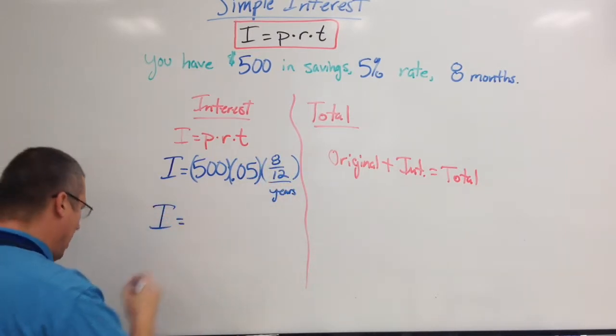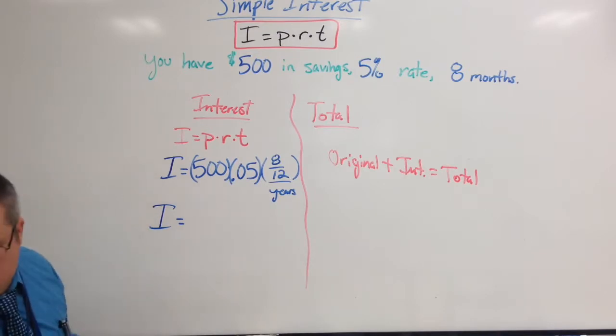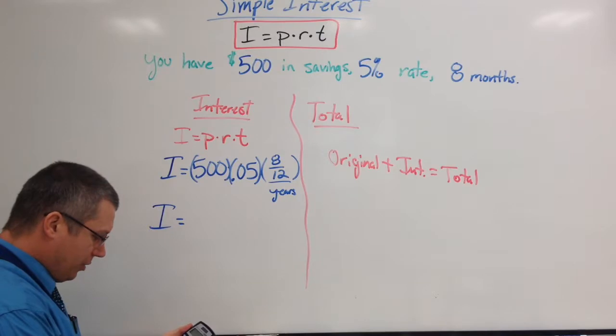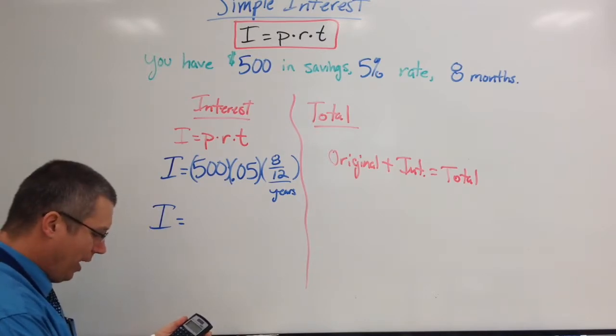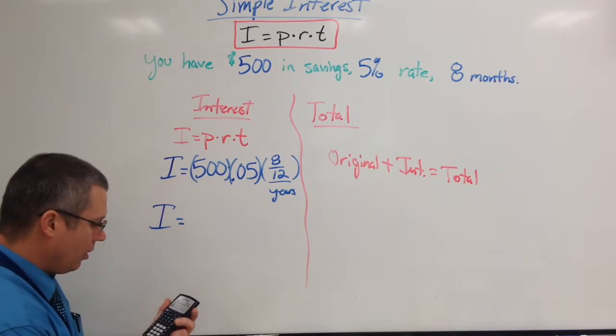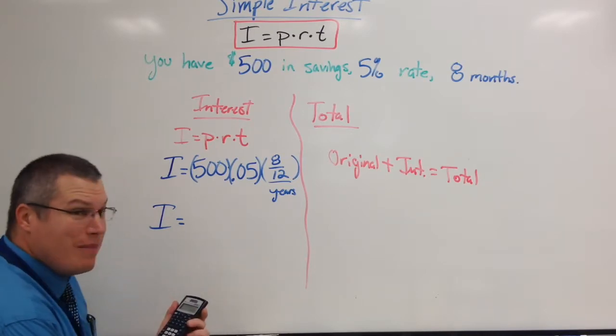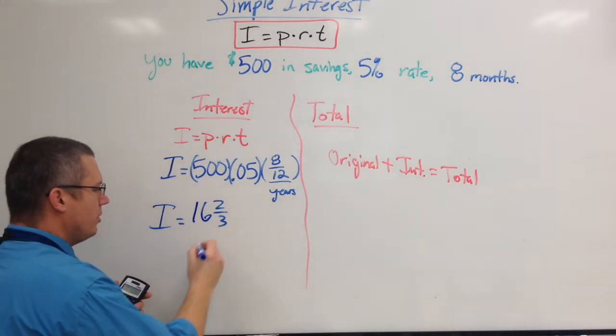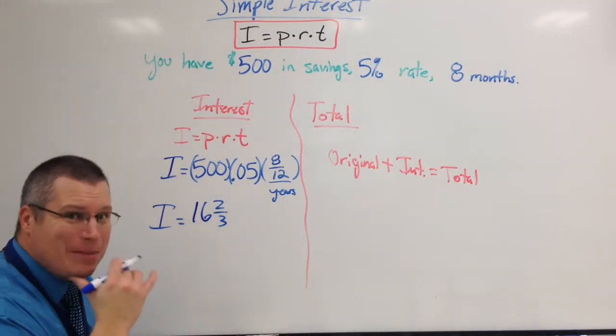So let's go ahead and do my calculations. Calculator. 500 times 0.05 times 8 fraction 12. Okay? Now I get a mixed number here, and that's okay. I get 16 2/3. It needs to be in money.